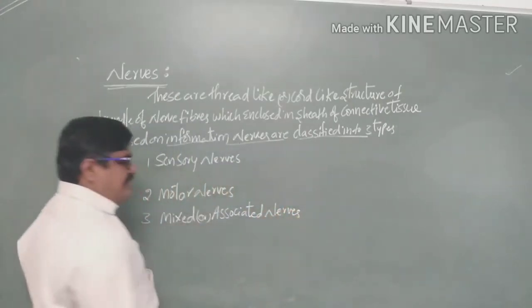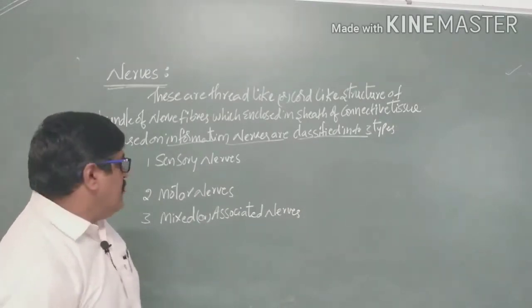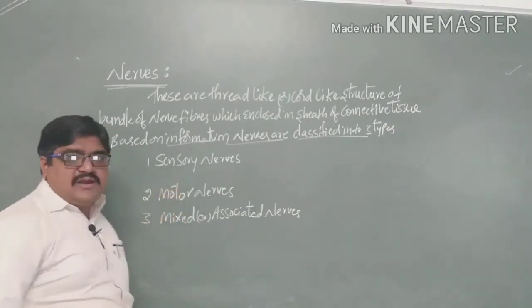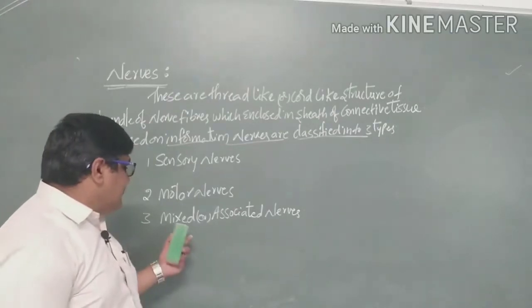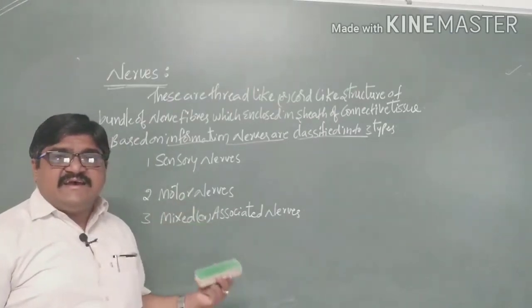So there are three types of nerves: sensory nerves, motor nerves, and mixed or associated nerves.